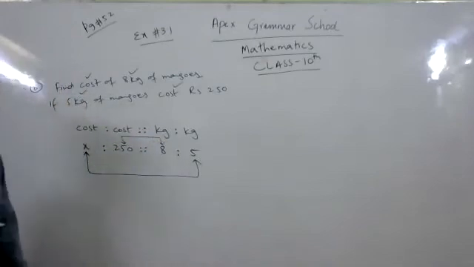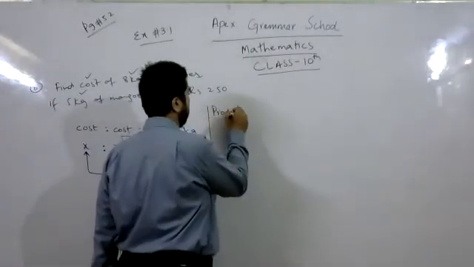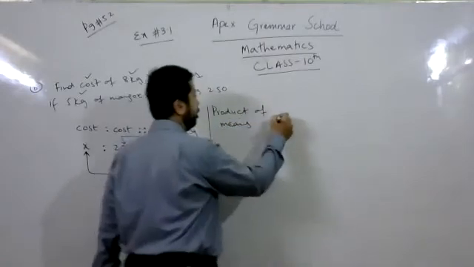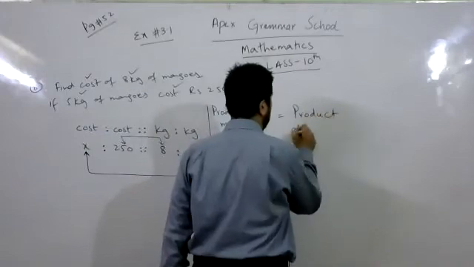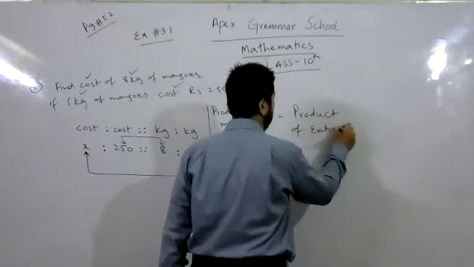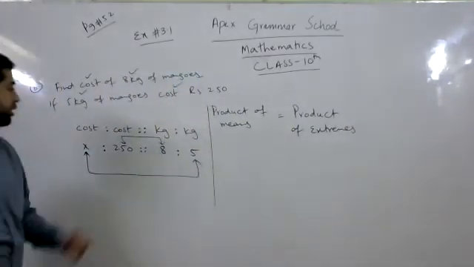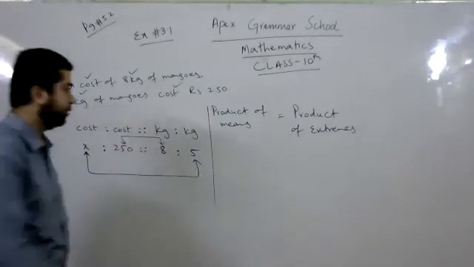So we have another formula that product of means is equal to product of extremes. So what are the means here? You can see that these are the mean values: 250 multiplied by 8.